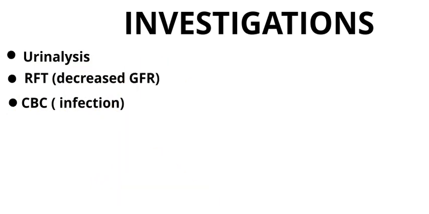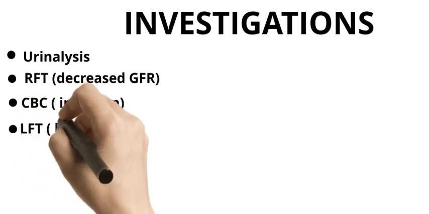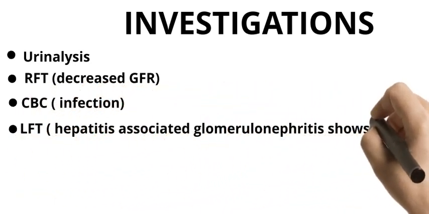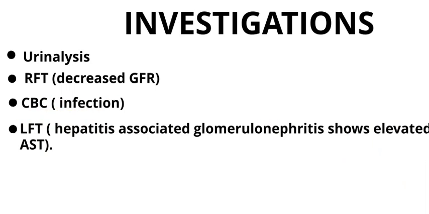CBC with increased WBC levels, denoting an infection. Liver function test. Normally, hepatitis associated with glomerulonephritis shows elevated aspartate aminotransferase levels. Also, rheumatoid factor results are positive in patients with GN associated with endocarditis.